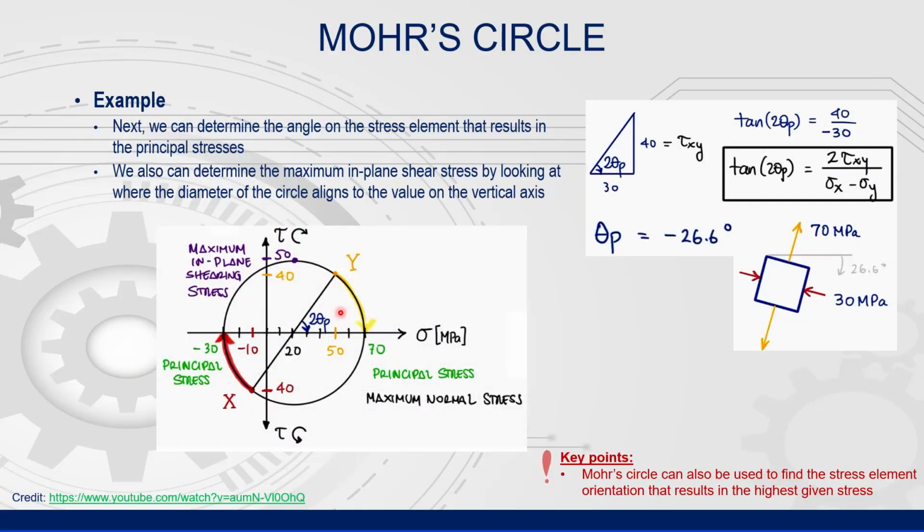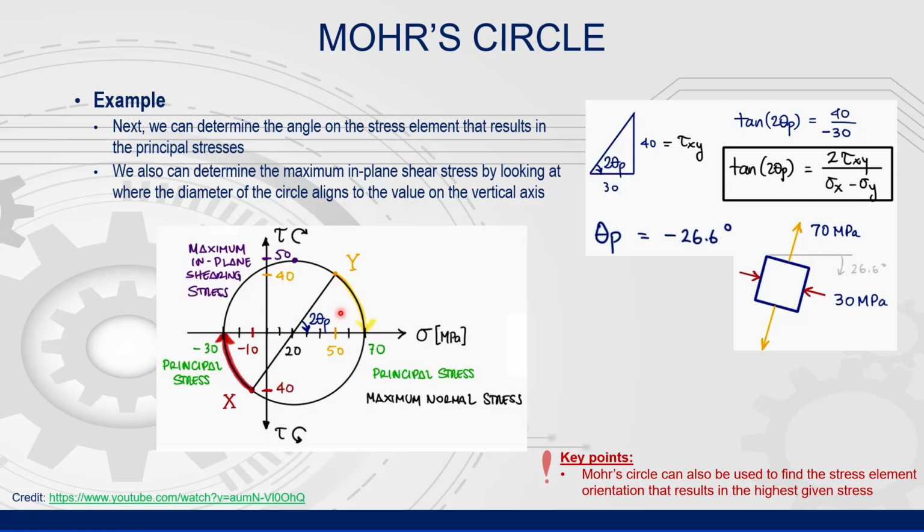Next, we can determine the angle at which the principal stresses occur. It is the angle created by the diameter of the circle passing through the center where the endpoints align to the tau xy magnitude. Based on the nature of Mohr's circle, the geometric angle is 2x the stress element angle.